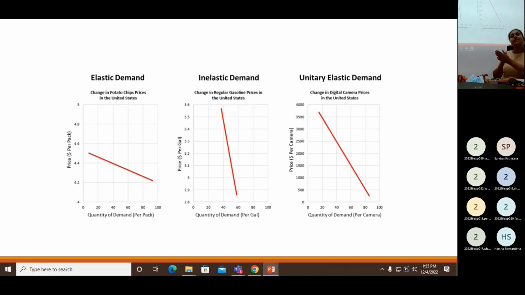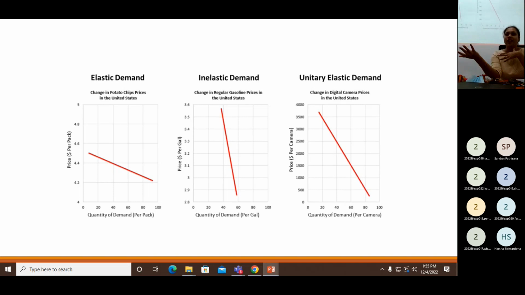So why? Because it's an essential product. Just because the price increases, you cannot reduce the demand so much because you need it. There's no alternative for it. That's the other reason. One is it's essential. Second, there's no substitute available. Just because crude oil price increases, can you pump coconut oil to your vehicle? No, there's no substitute available, right?